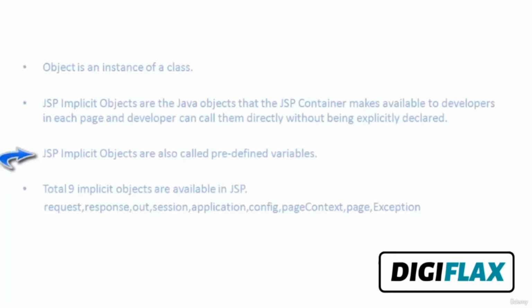JSP implicit objects are also called predefined variables. There are total 9 implicit objects available in JSP: request, response, out, session, application, config, page context, page, and exception. We are going to learn about all of them one by one.